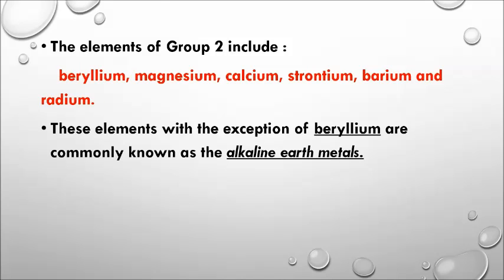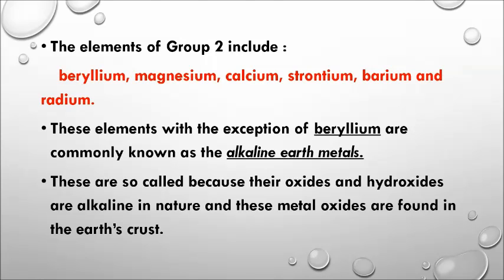So among the group 2 elements, except beryllium, we name them alkaline earth metals. They are so called because their oxides and hydroxides are alkaline in nature, and these metal oxides are found in the earth's crust. That's why the name alkaline earth metals.